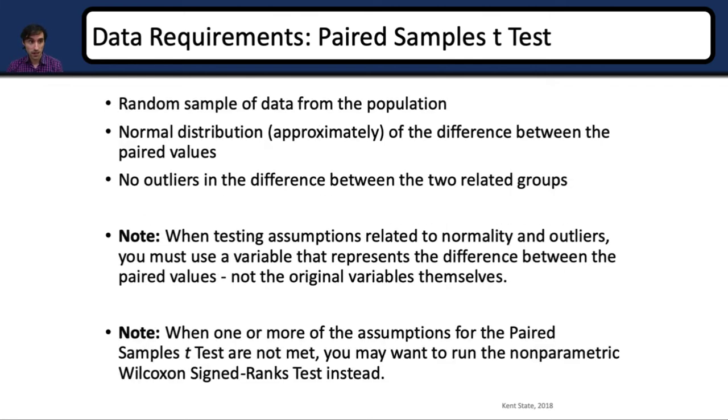It must be random, and it must be from data from the population in which you have done your literature review, and it must be normally distributed, which is why it's parametric. And no outliers in the difference between the two related groups. So in other words, everything should be kind of nice and steady.